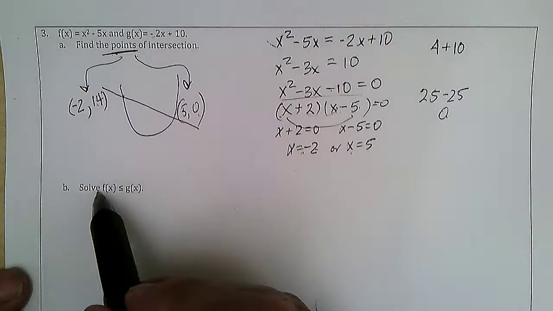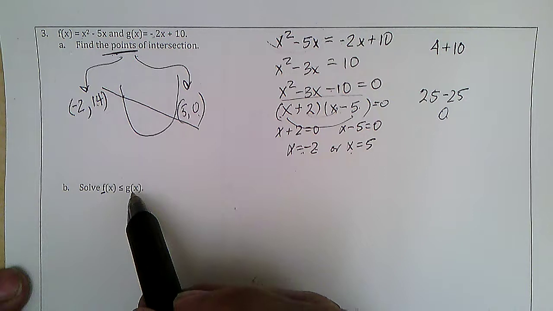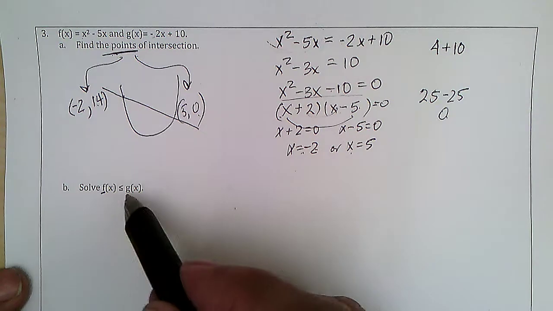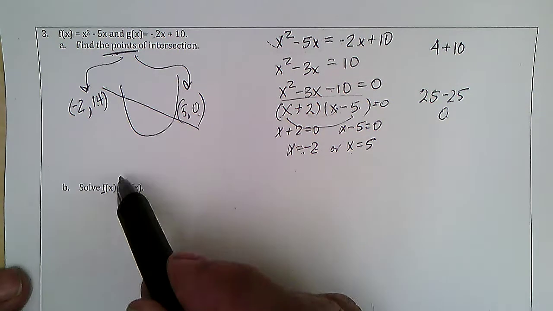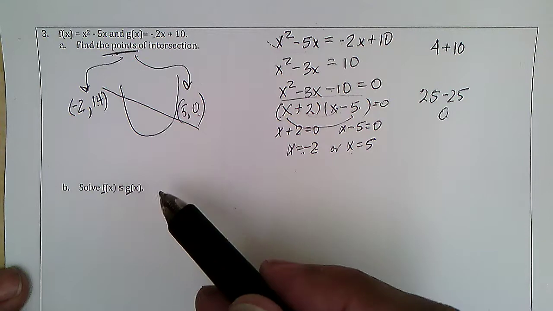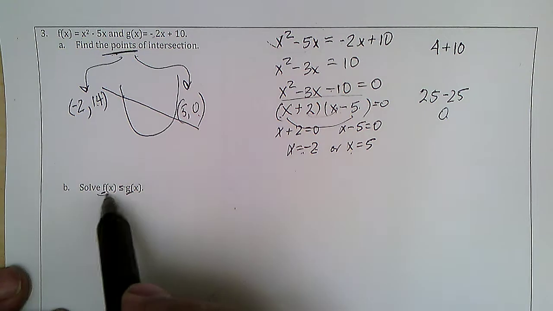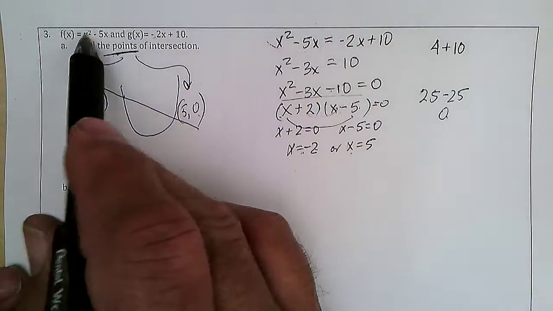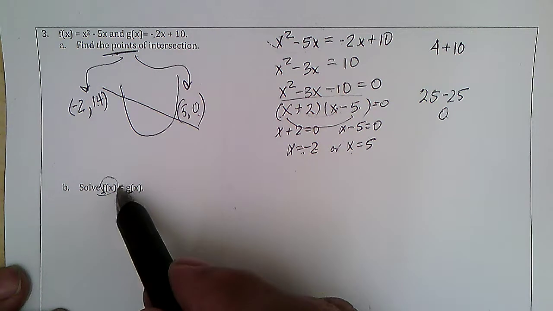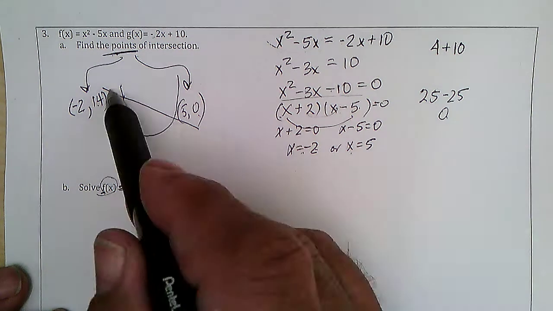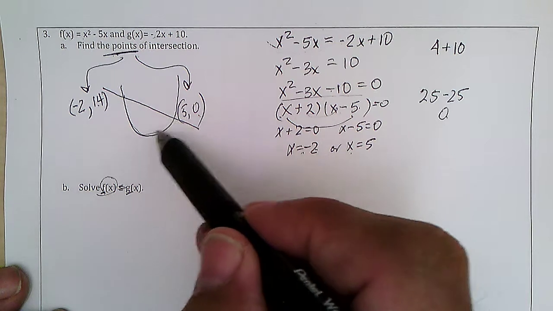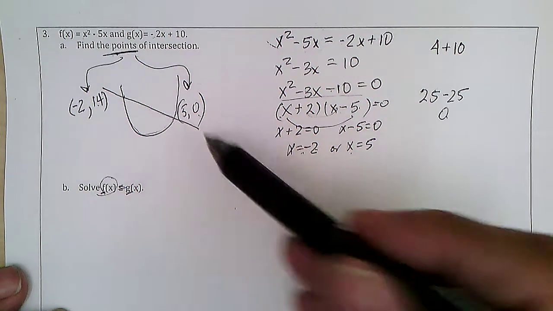And now it says, when is the y height of the first one smaller than the y's of the second one? So we're asking when f, the parabola, is less than the line. Well, this part of the parabola is below the line.